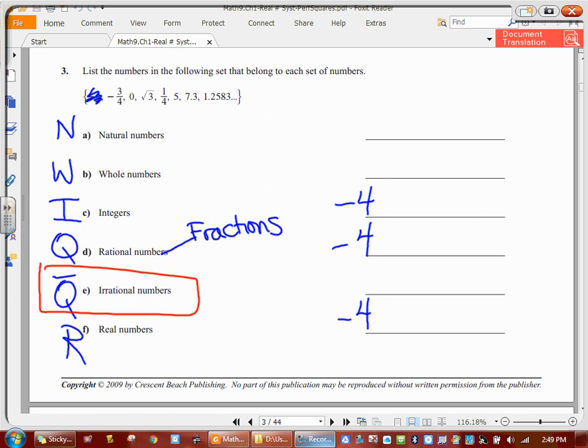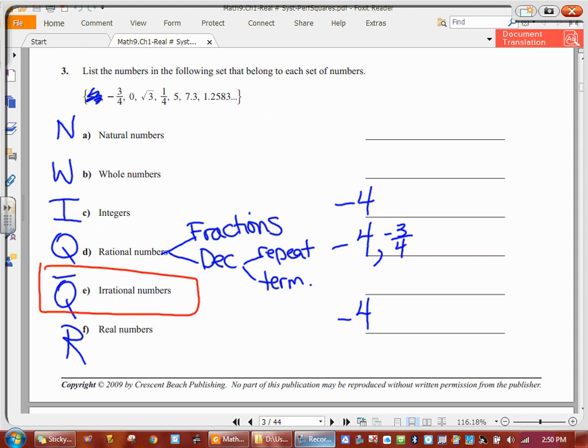Repeating and terminating. Good. So we have -3/4. It's going to fit in the rational, and if it fits in the rational, it always fits in the real. So down here we write -3/4, comma, -3/4. We've dealt with that number.